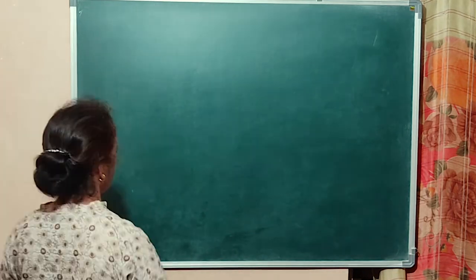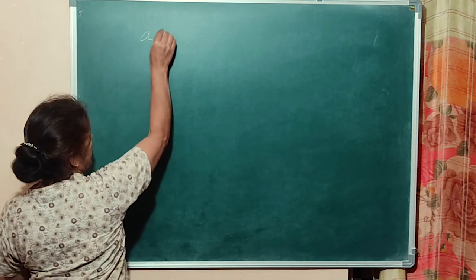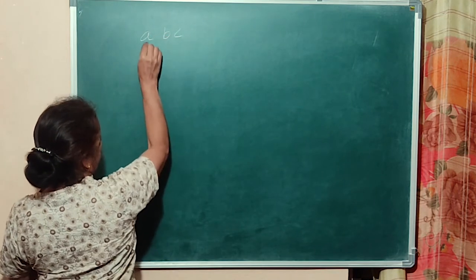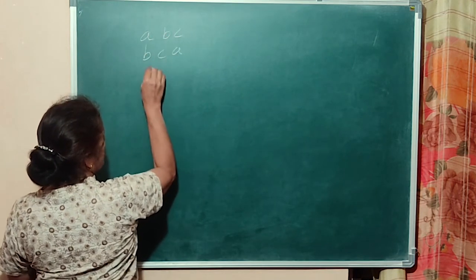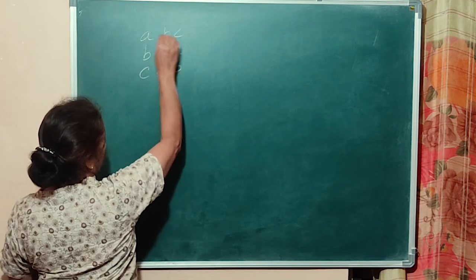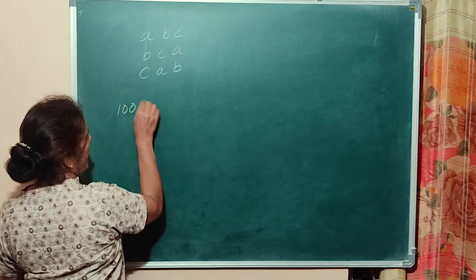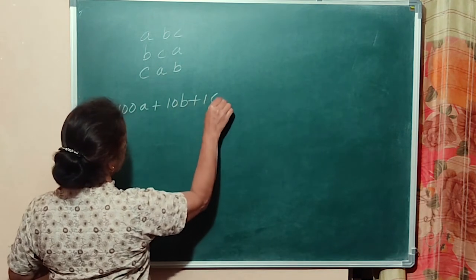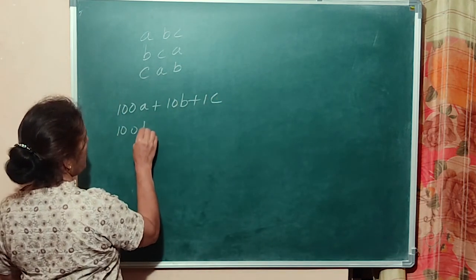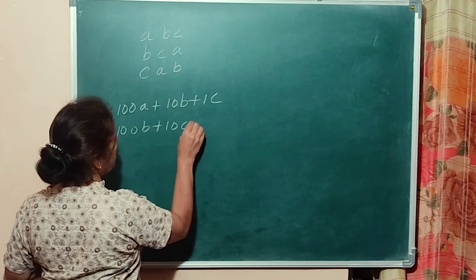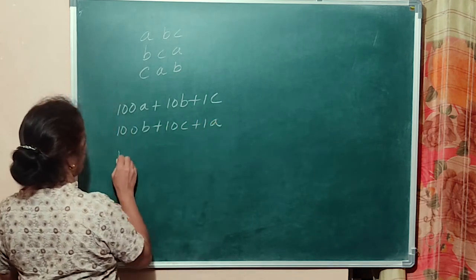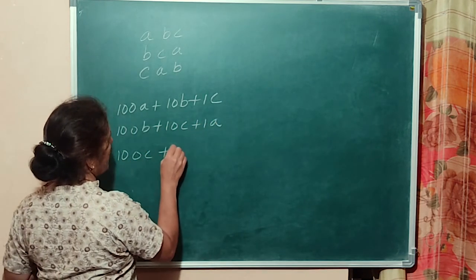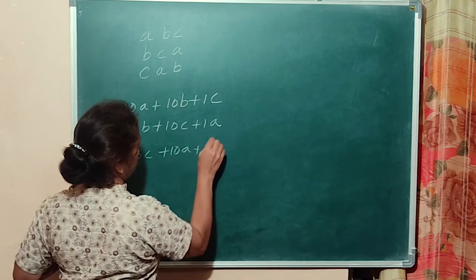So let us see the logic or trick behind it. What is that? Whenever I take the 3 digits A, B, C, B, C, A, C, A, B, how can I write down A, B, C? 100A plus 10B plus 1C. 100B plus 10C plus 1A. 100C plus 10A plus 1B.